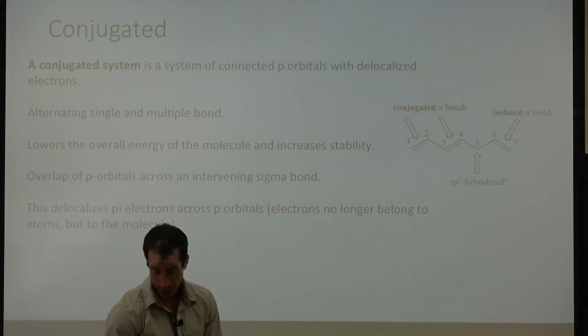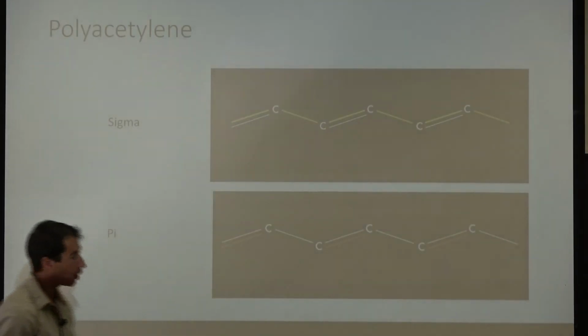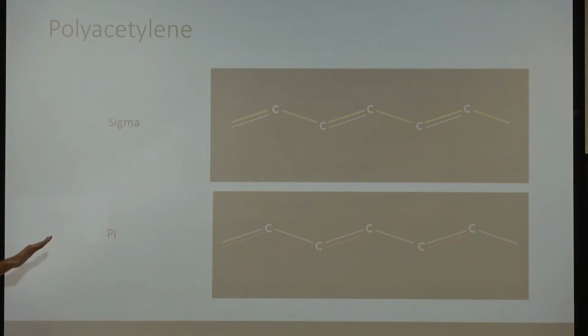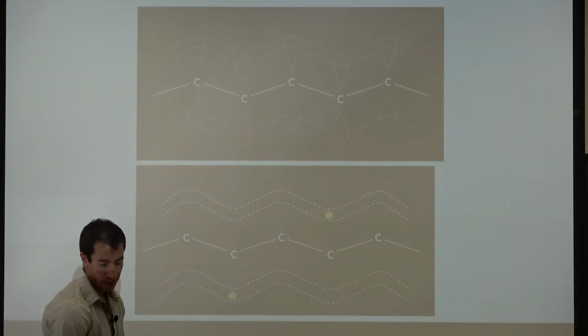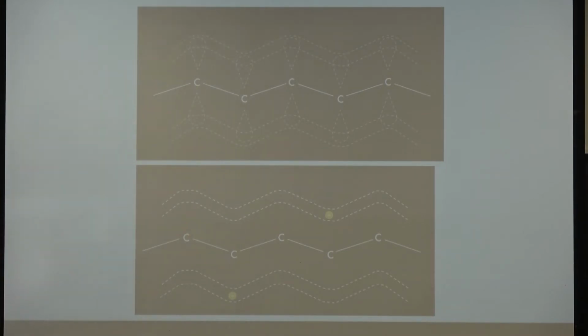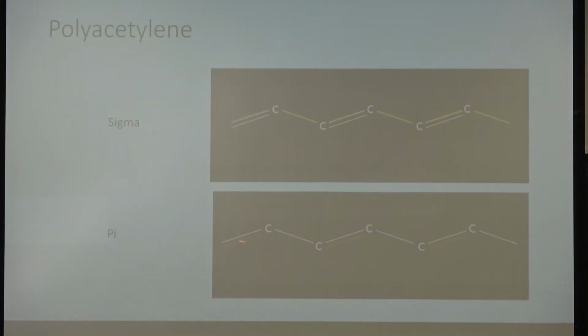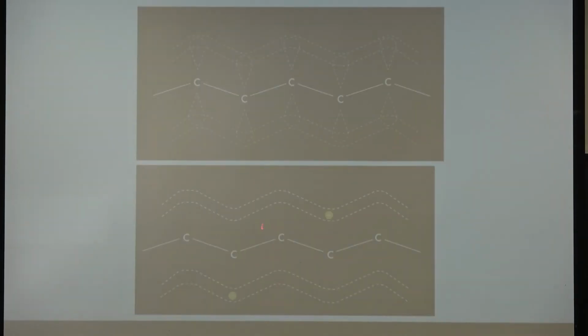So how do we get these conjugated systems? Again, sigma bonds and pi bonds, and these are just some cartoons that I liked, and it's saying the same thing over and over again, where you have these p orbitals that have this electron, and because of this alternating system, you can have conductivity flow through this, okay?